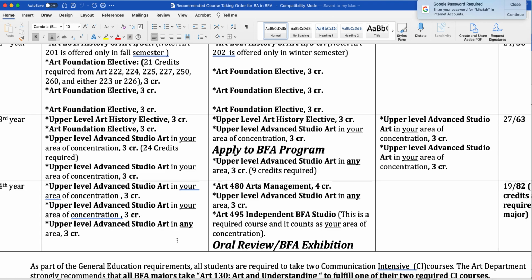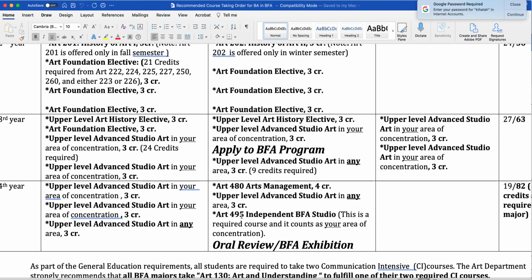Now, of those 11 courses you take, one of them must be right here, Art 495 Independent BFA Studio. This is a required course, and it counts as area of concentration. The reason we have this is for you to have independent study with the professor of your choice, usually your main advisor, and go over your BFA exhibition, the oral review, and the artist statement you have to write.